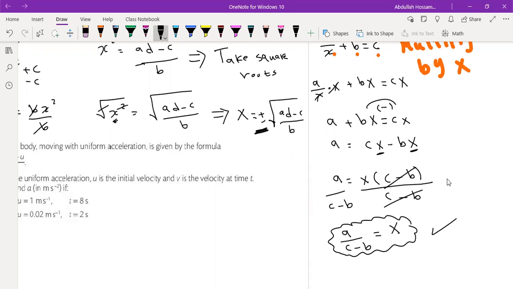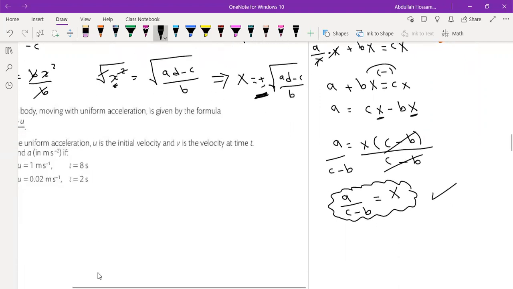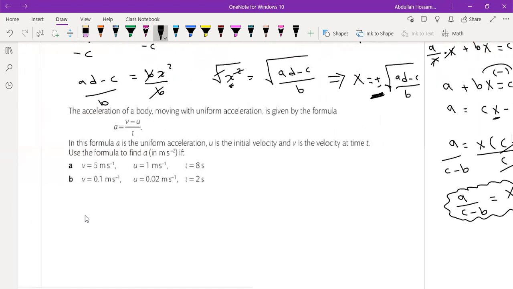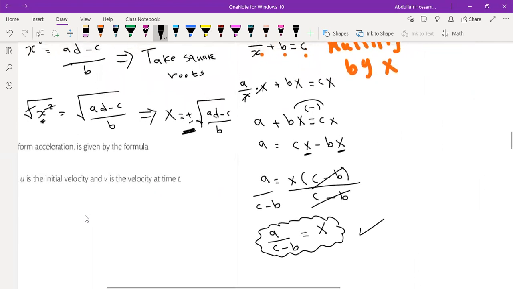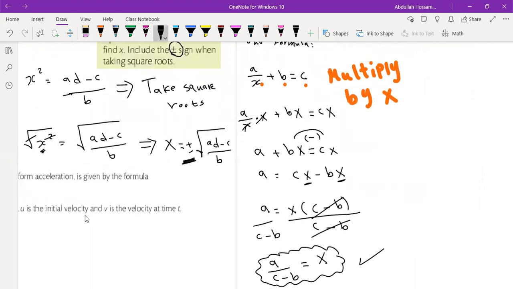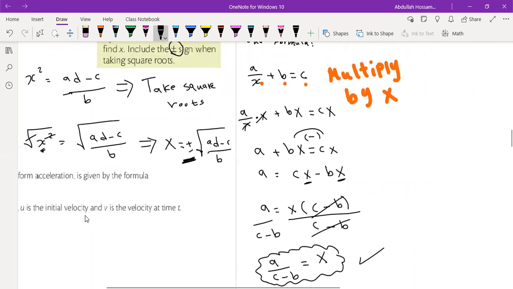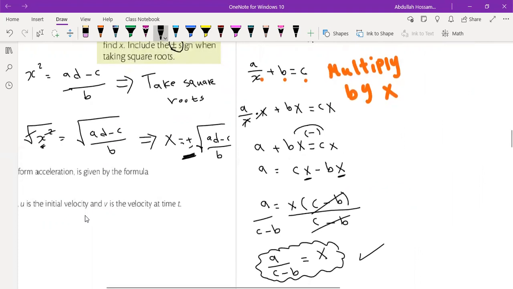Guys, you understand it? You got it? Any questions? Okay. Here we go. Will it be easier if you just move first the b to the other side, to the right hand side, before clearing the fractions? A over x equals c minus b?